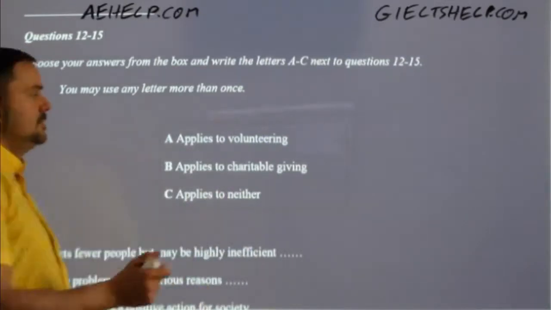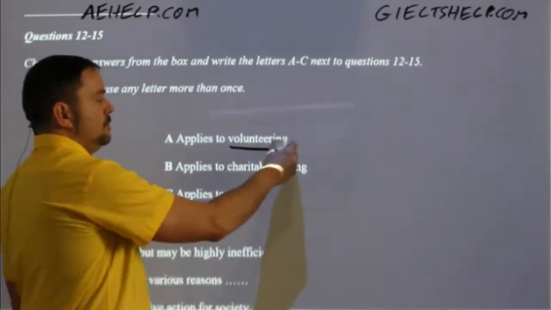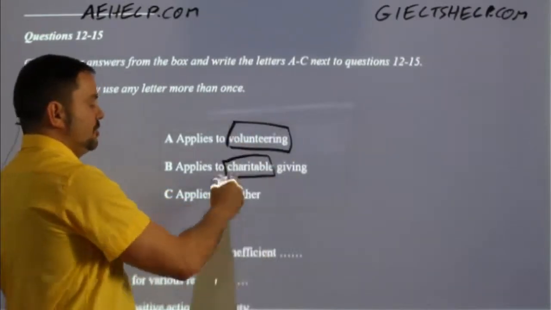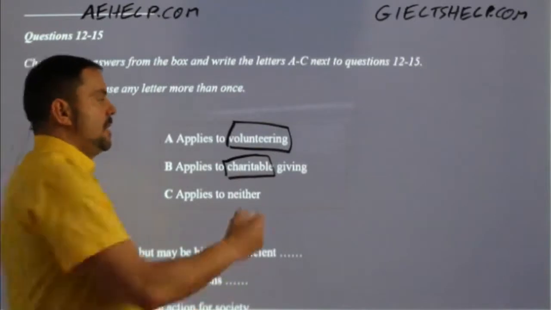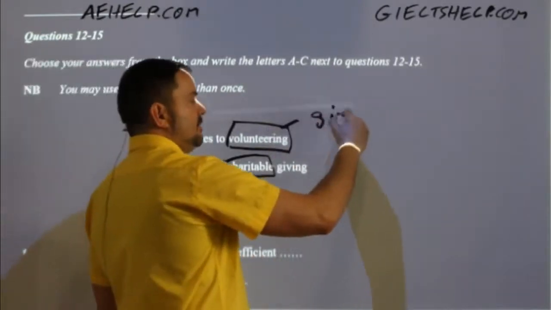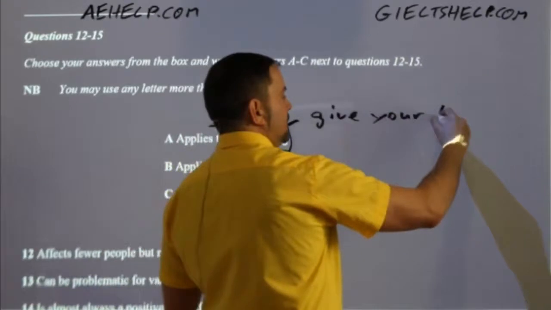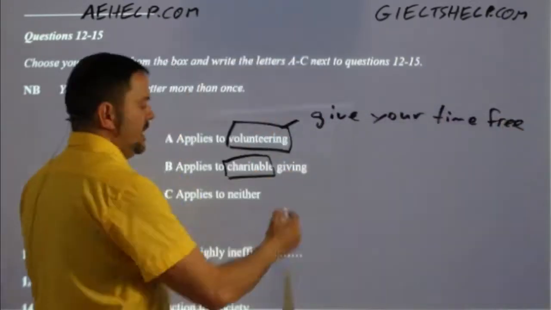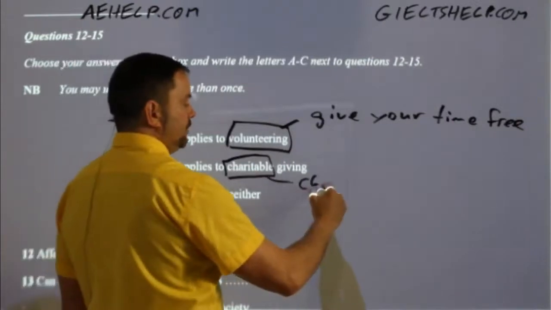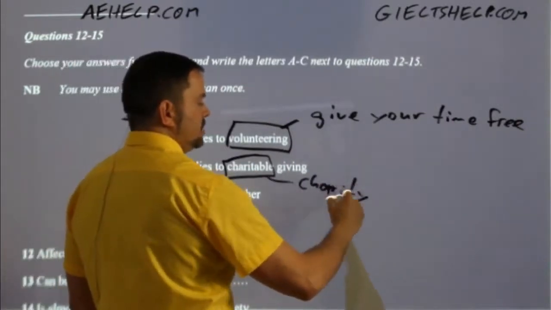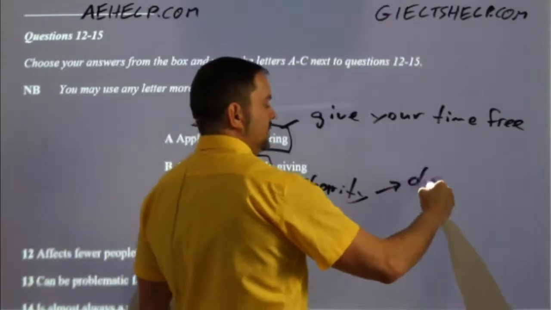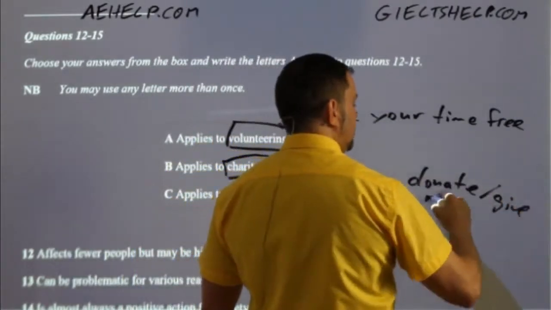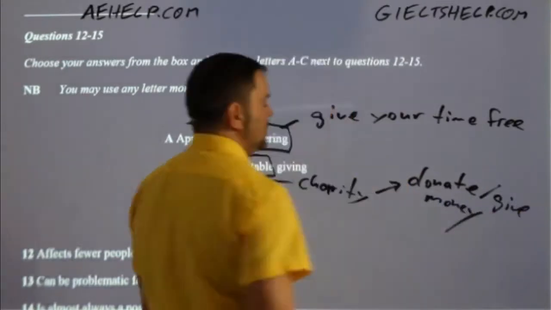Now here you needed to, of course, know two very important words: volunteering and charity or charitable giving. Okay? Volunteering means you give your time free. That's volunteering. And charity means you give money, you donate money. So that's the difference.